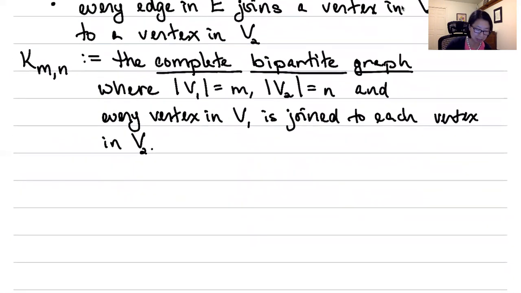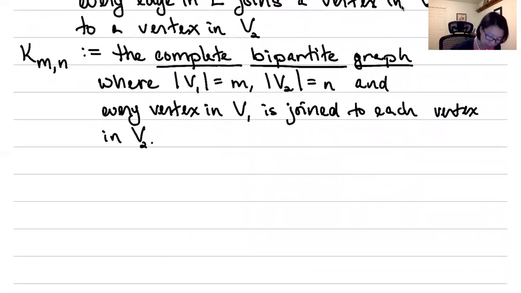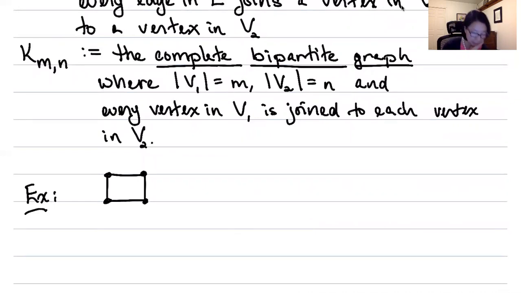So let's see some examples of bipartite graphs. For example, this graph, a 4-cycle, is bipartite. How can I see it's bipartite? Well, I'm going to circle these two vertices in red, and say the vertices in red are my set V1.